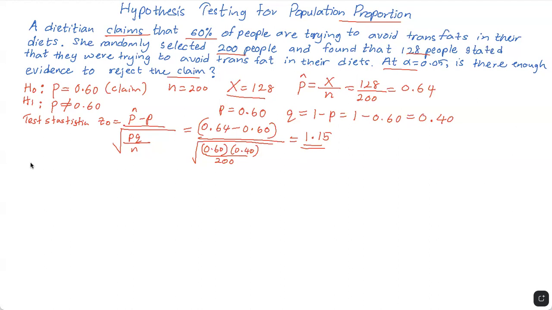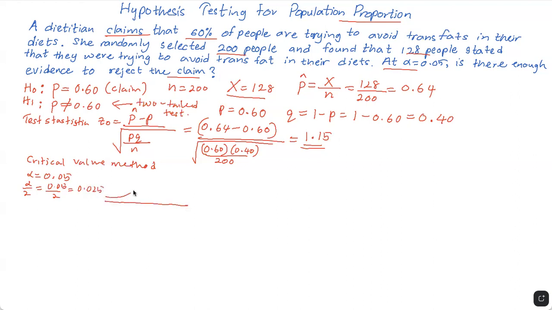Here I'm going to use two methods. One is the critical value method and the other is the p-value method. Let's look at the critical value method. We need to find critical values here. Alpha is 0.05. Since this is a two-tailed test, if you look at the alternative hypothesis, we need alpha divided by 2, which is 0.05 divided by 2, 0.025.